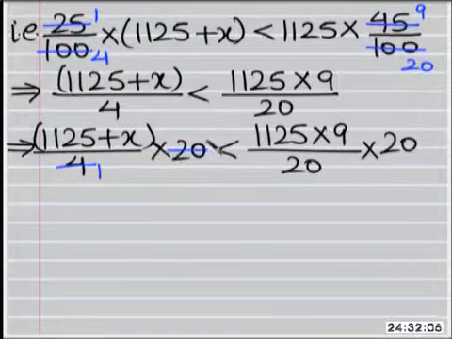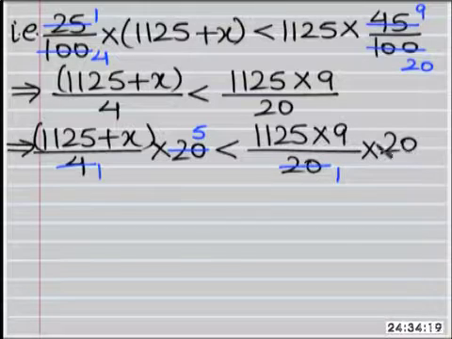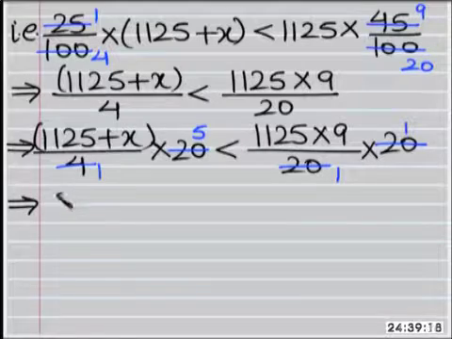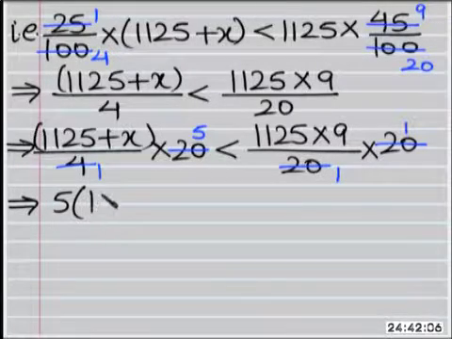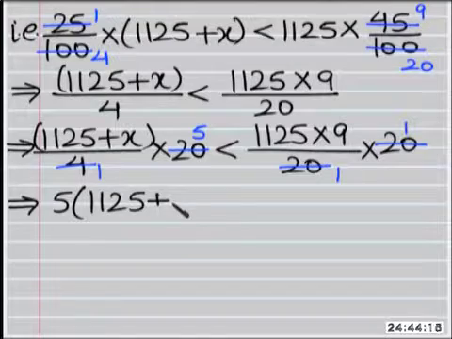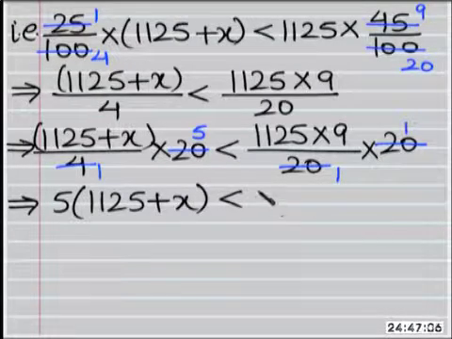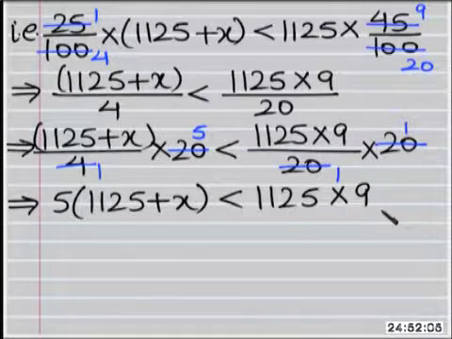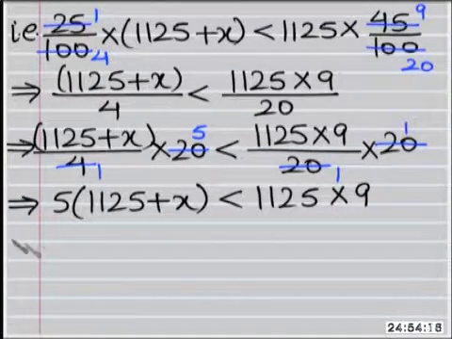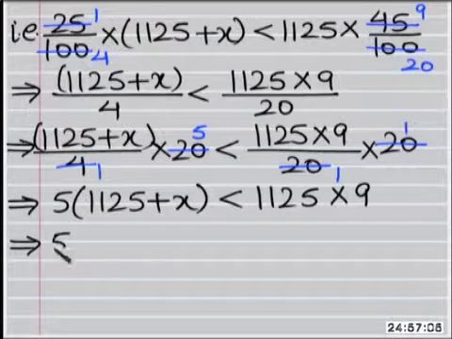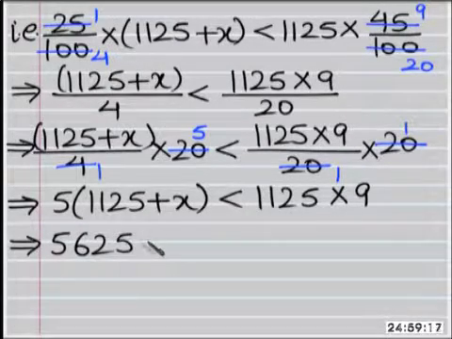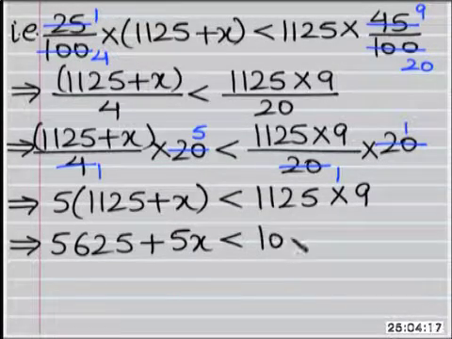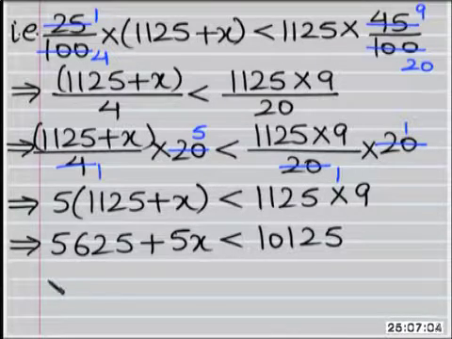On solving it, we get 5 whole multiplied by 1125 plus x is less than 1125 multiplied by 9, which implies 5625 plus 5 into x is less than 10,125.